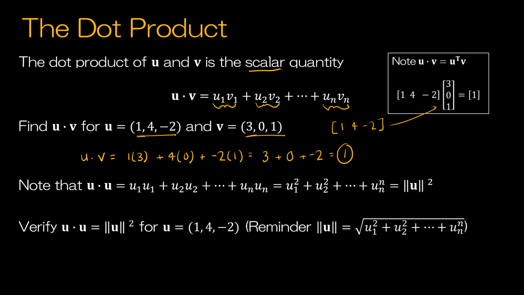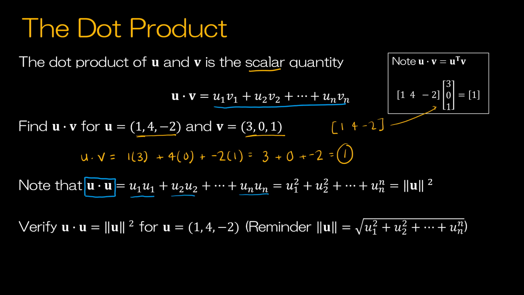So now let's take a look at some things that hopefully will jump right out at you as of course they're true, but let's just make sure that these concepts are cemented in your head. So I want you to note that if I take u dot u, so u as a dot product with itself, using my definition right up here, that would tell me that I'm going to take u1 times u1 plus u2 times u2 and so forth.